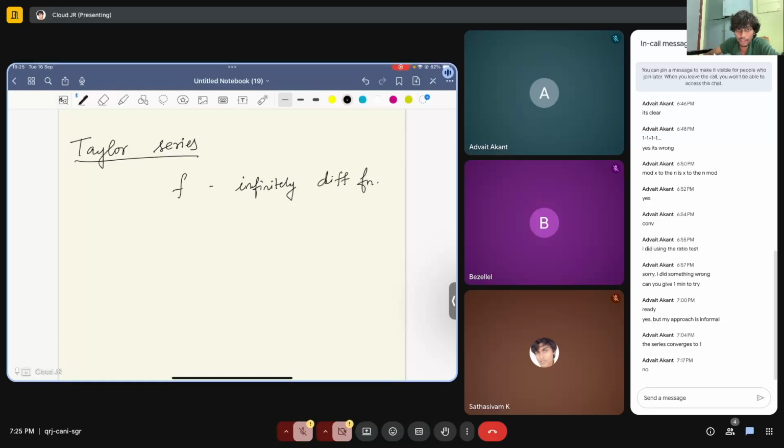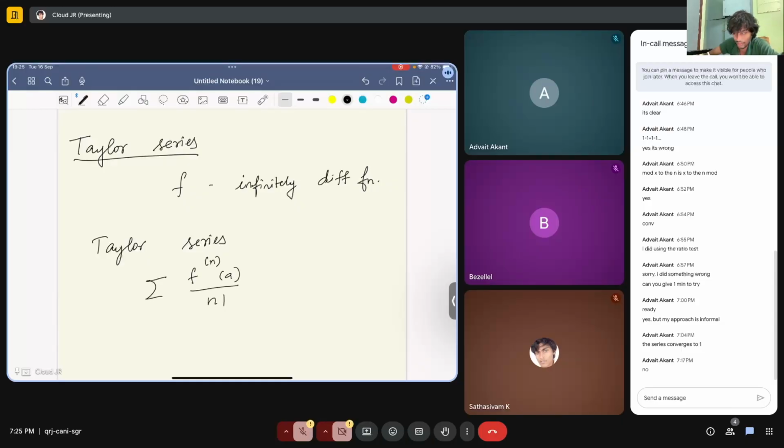Then your Taylor series is nothing but the summation of f power n at a, by n factorial, times x minus a power n.